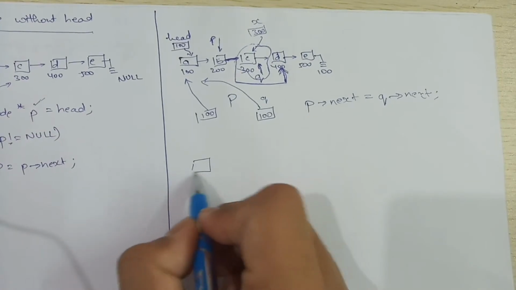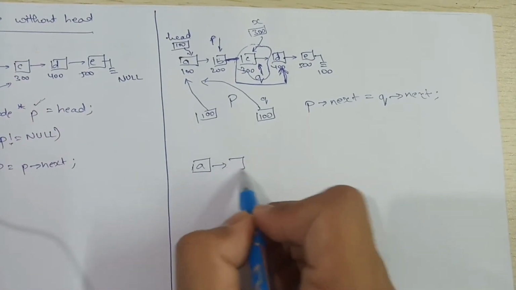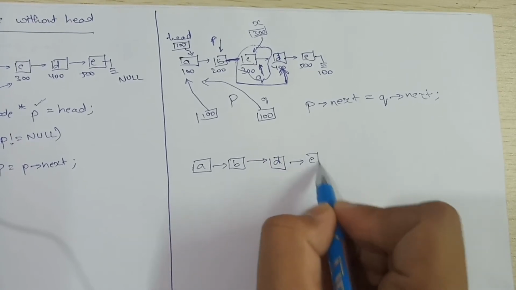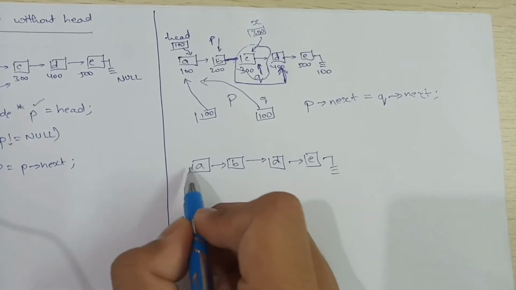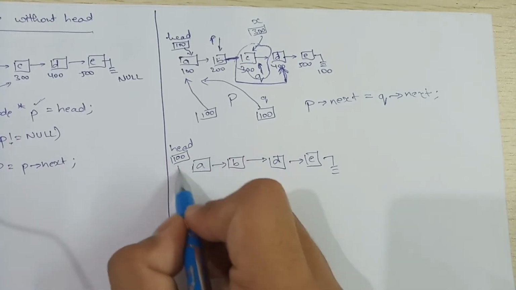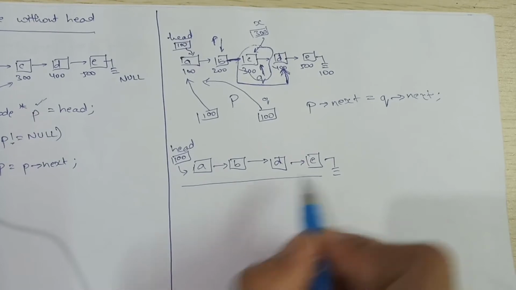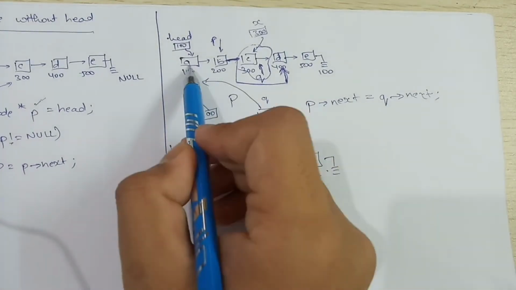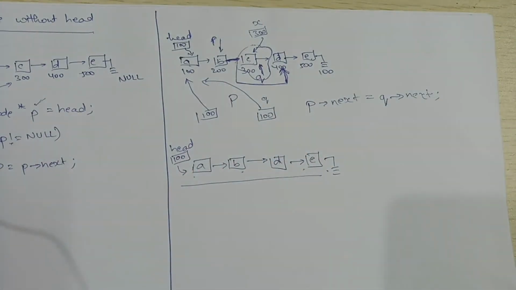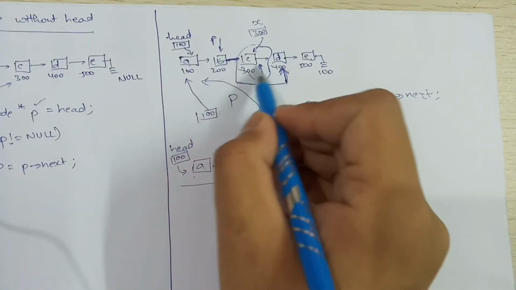Now the linked list will become a, b, d, and e. So when you traverse this linked list by using the head address, the first node address, you'll traverse a, b, d, e instead of a, b, c, d, e. This is how you delete this c node.